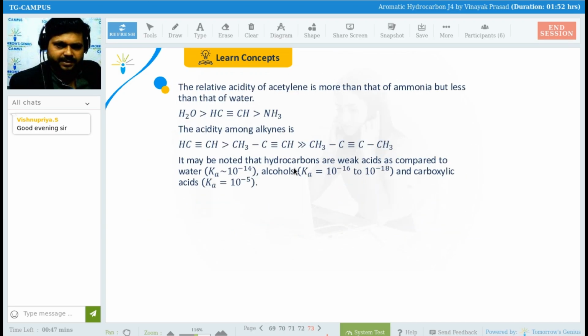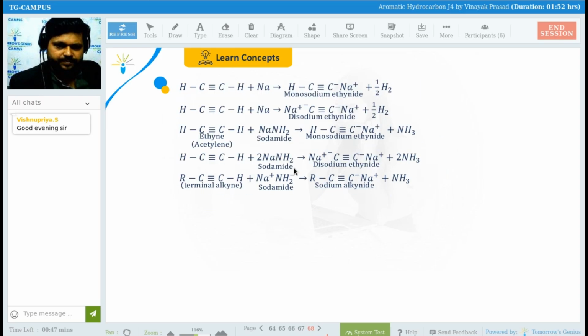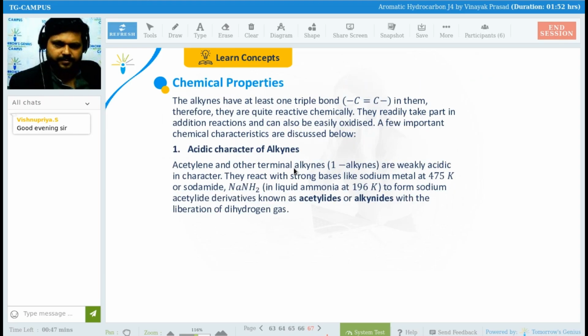So the first chemical property that we are going to see is the acidic character of alkynes. See, acetylene and other terminal alkynes, 1-alkynes, are weakly acidic in character.